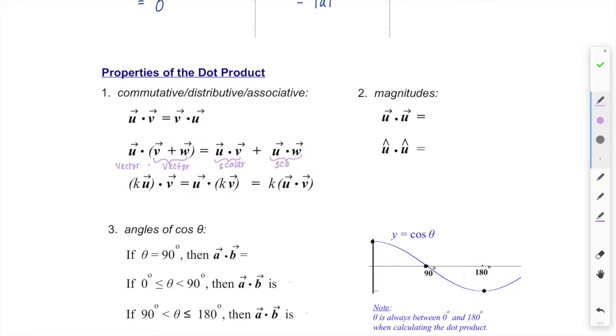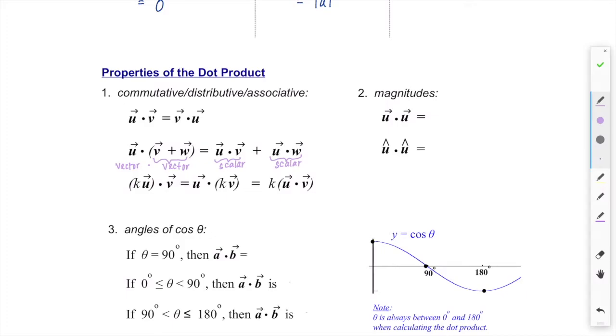This is also a scalar, which doesn't go against the idea that vector dot vector is a scalar result. Okay? An associative property simply means that, if you have a scalar multiple of, let's say, vector u, dot v is the same as calculating u dot kv, which is the same as multiplying the scalar k to the result of u dot v.